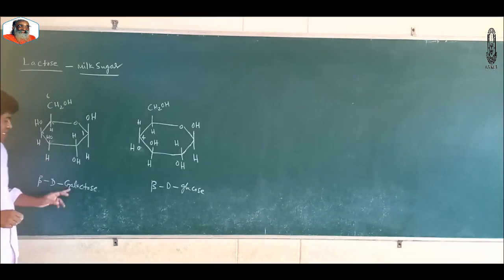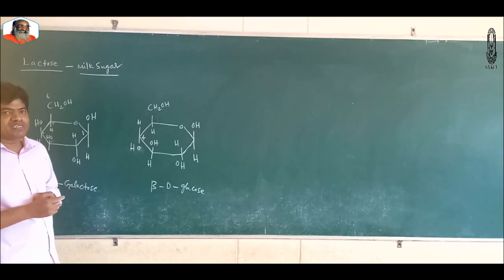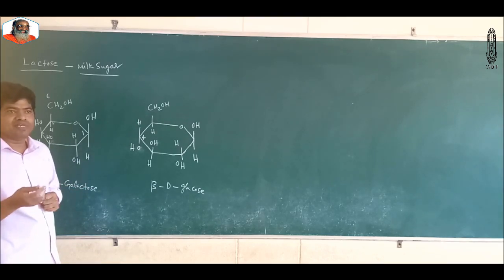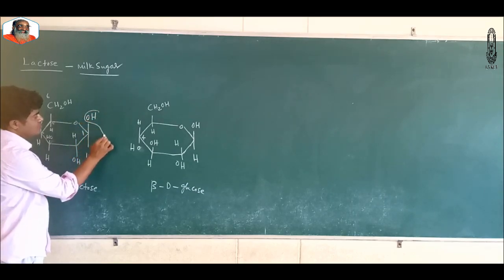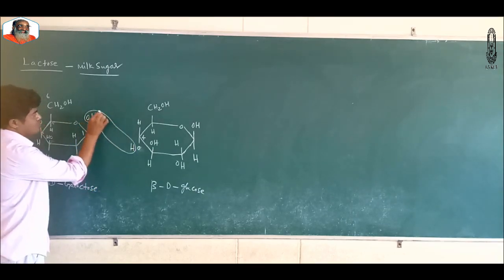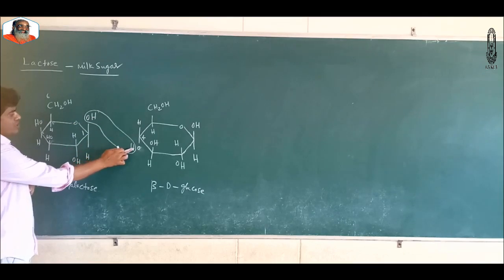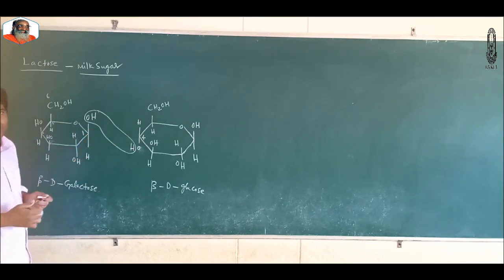Beta D galactose and beta D glucose. I already said, how is the glycosidic linkage formed? Glycosidic linkage is formed by the loss of a water molecule. We remove the water molecule here, HOH. Finally, what are you getting?